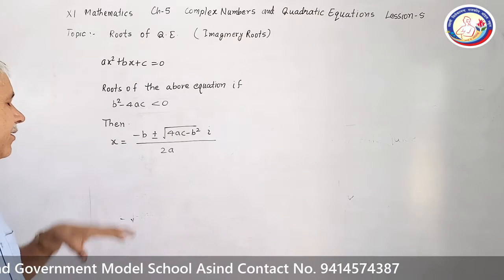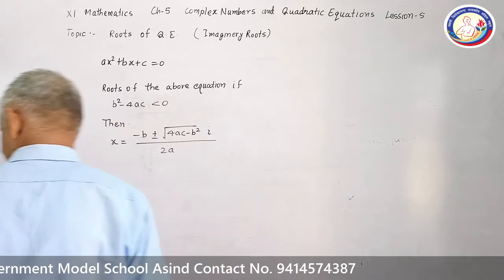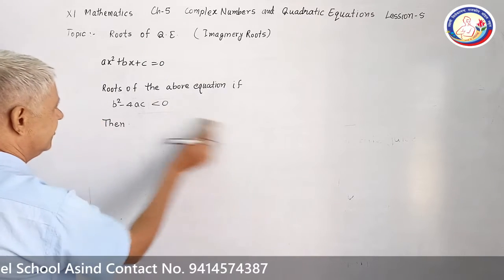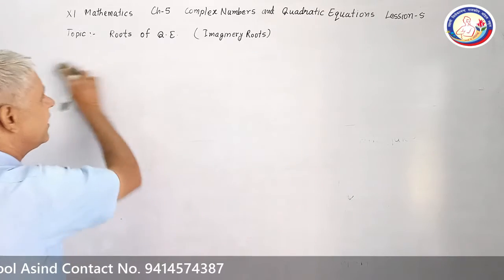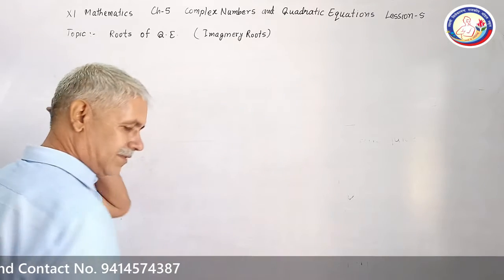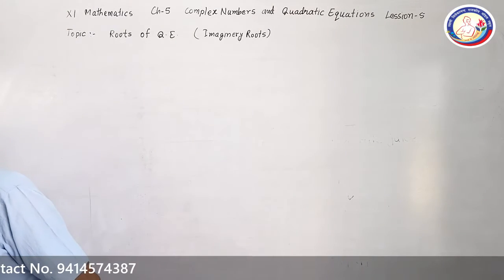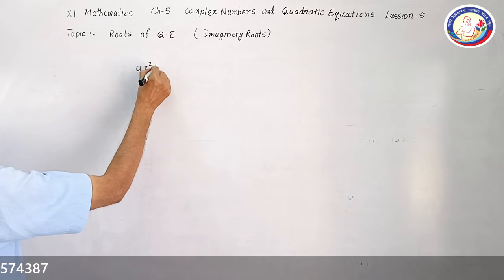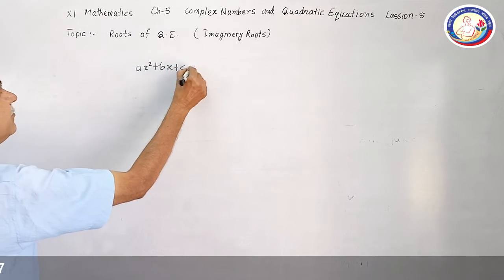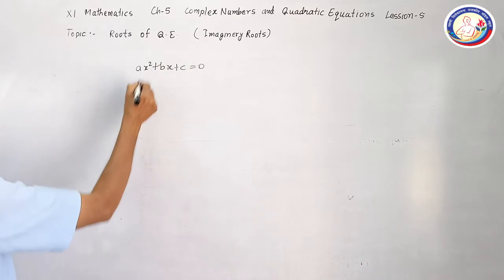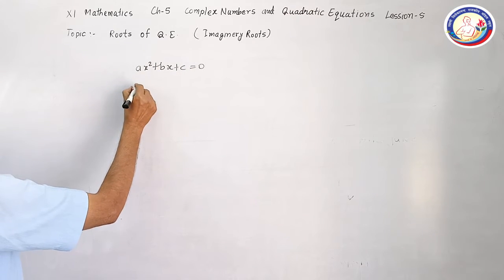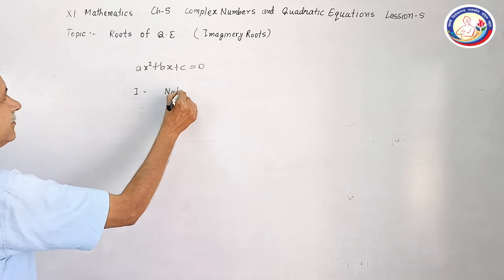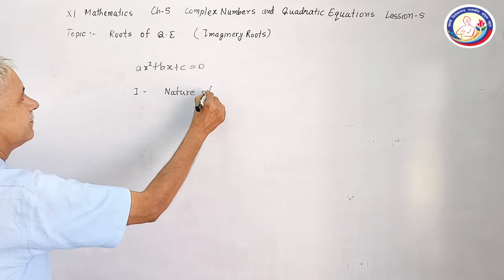So first of all, if we want to find the roots of any quadratic equation, we will check whether the roots are real or imaginary. First of all, we will check what is the nature of roots. If we are to solve ax square plus bx plus c equal to 0, then first check the nature of roots.